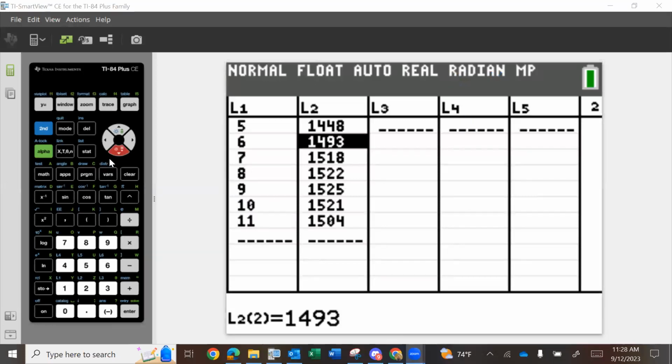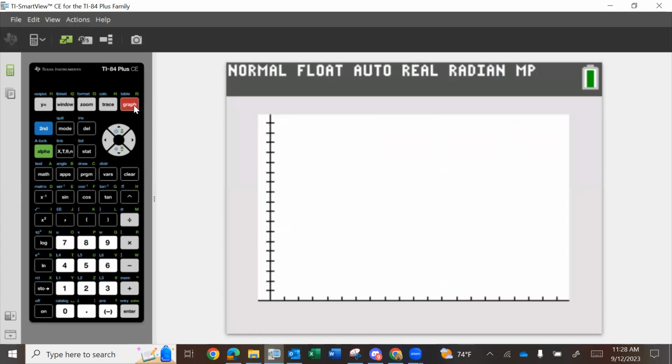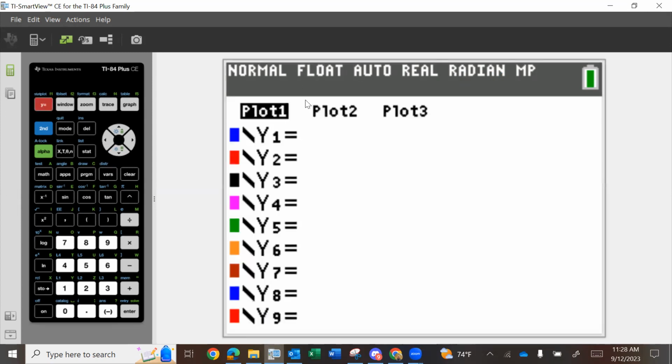Let's take a look at what this looks like on the graph. I know they already gave us the graph, but I'm going to show you how to do that. If I just go to graph, it's not going to show it because I haven't told it to graph those points. So you go to y equals and make sure plot one is turned on. Mine already is.